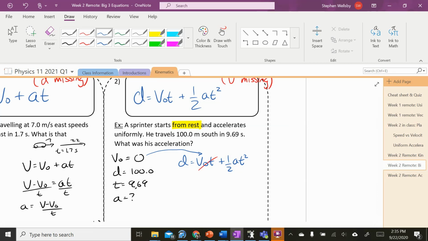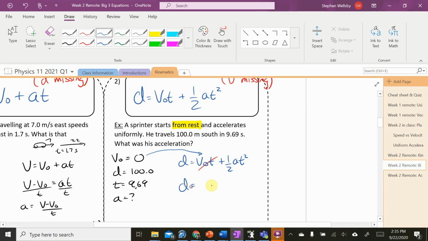But I will say, as you advance further into your academic career, if you go to university, there are a lot of times where numbers aren't really a part of the situation. So it's good to be able to do both. Now, if the V naught was not 0, I would probably start putting in the numbers first and then simplifying and rearranging, multiplying the V naught and the T together. But in this case, because V naught's canceled, it should be straightforward enough.